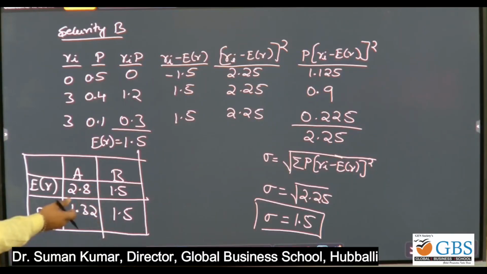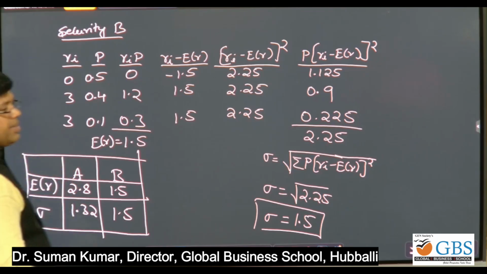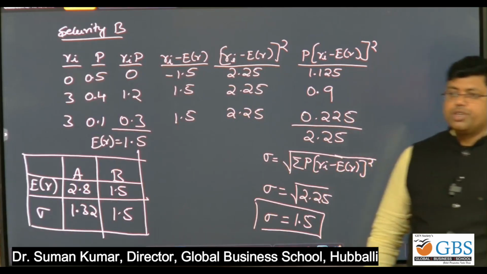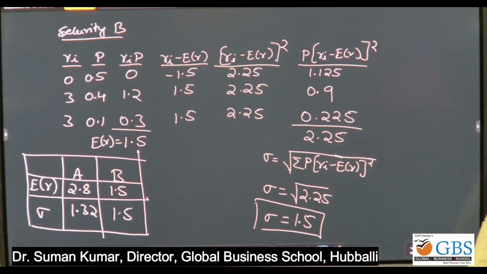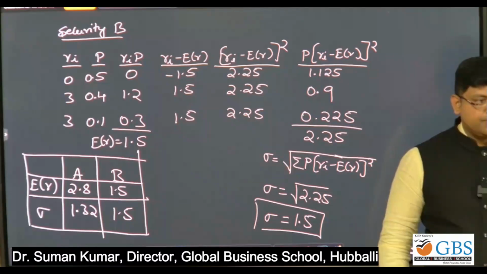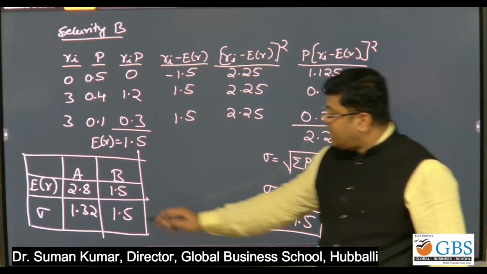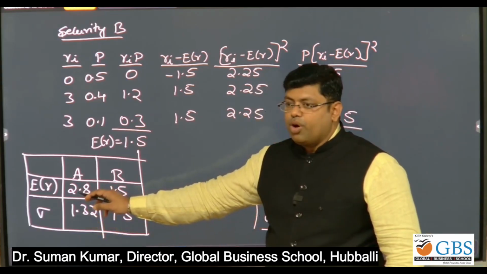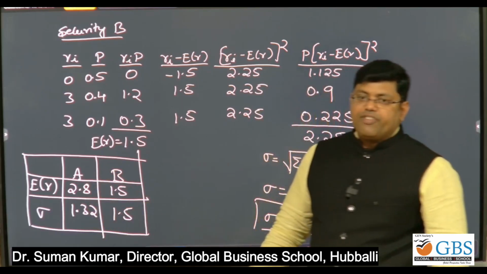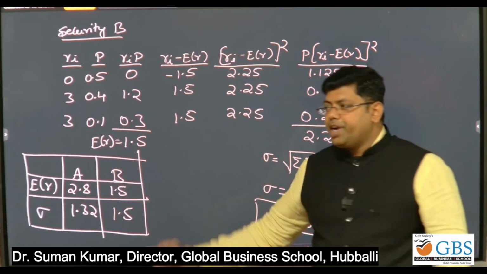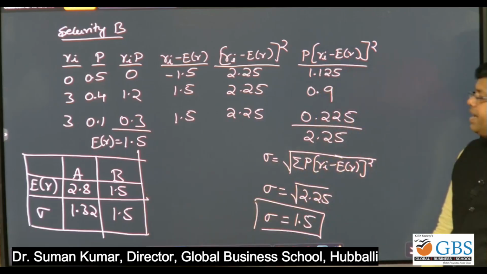I think less risk, high returns. We should choose security A. Conclusion you should write. See, when we compare risk and return, risk is less and even the return is more for security A, then our choice should be security A for this data.